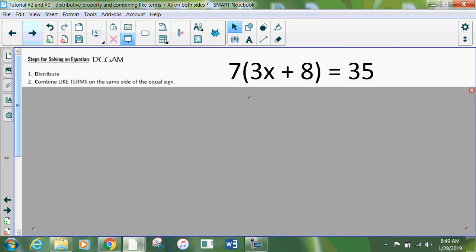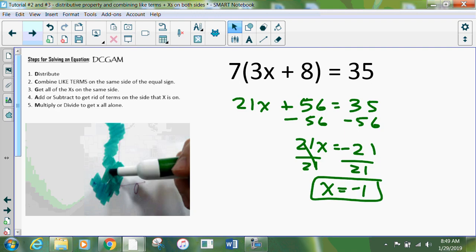So what I want you to do is pause, do the problem, then unpause, and you will see the answer pop up. Are you ready? Pause. All right, welcome back, and let's go ahead and see if your answer is the same as mine. Pause if it's not and figure out where you went wrong. Learning from our mistakes is essential.